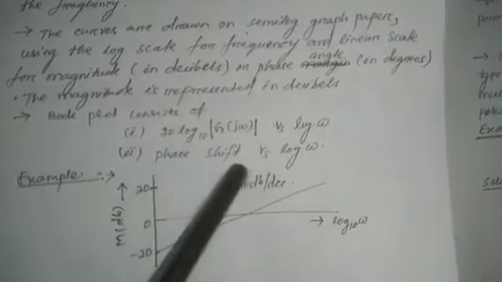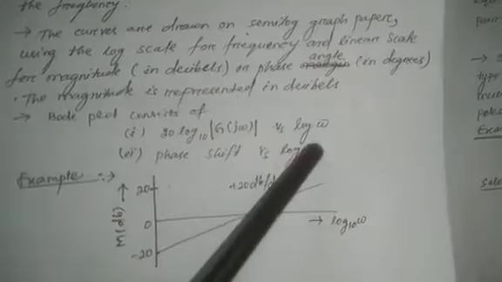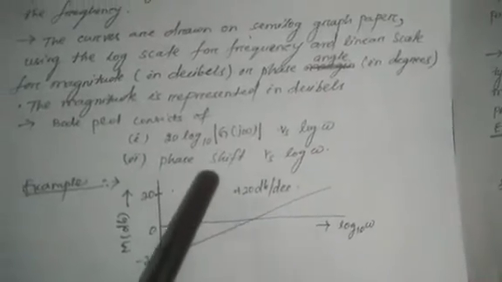Similarly, the other plot is phase shift in degrees versus log omega. Just one rough example diagram.